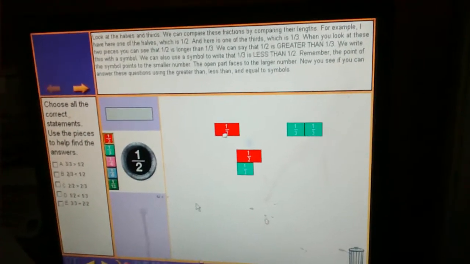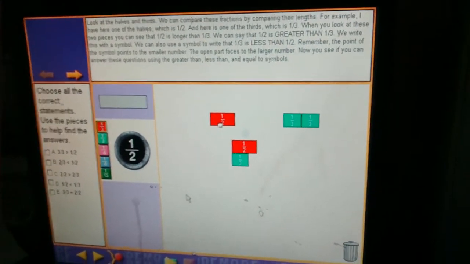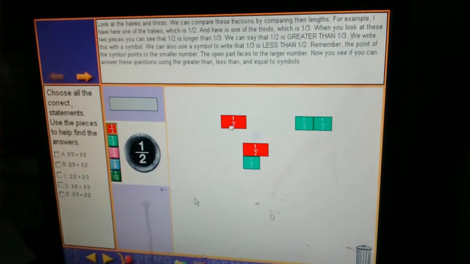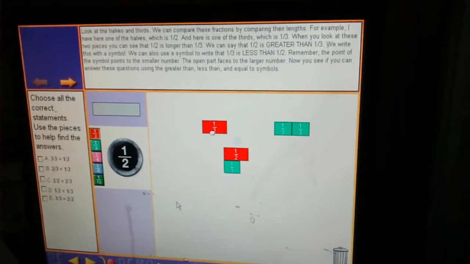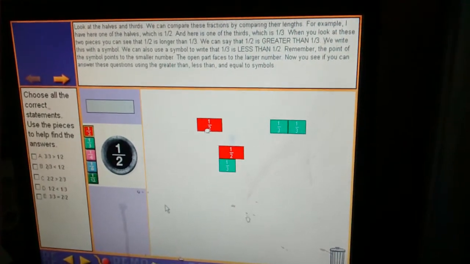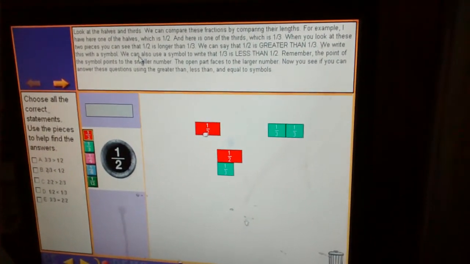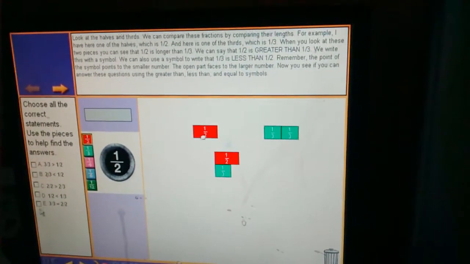We write this with a symbol. We can also use a symbol to write that 1/3 is less than 1/2. Remember, the point of the symbol points to the smaller number. The open part faces the larger number. Now see if you can answer these questions using the greater than, less than, and equal to symbols.